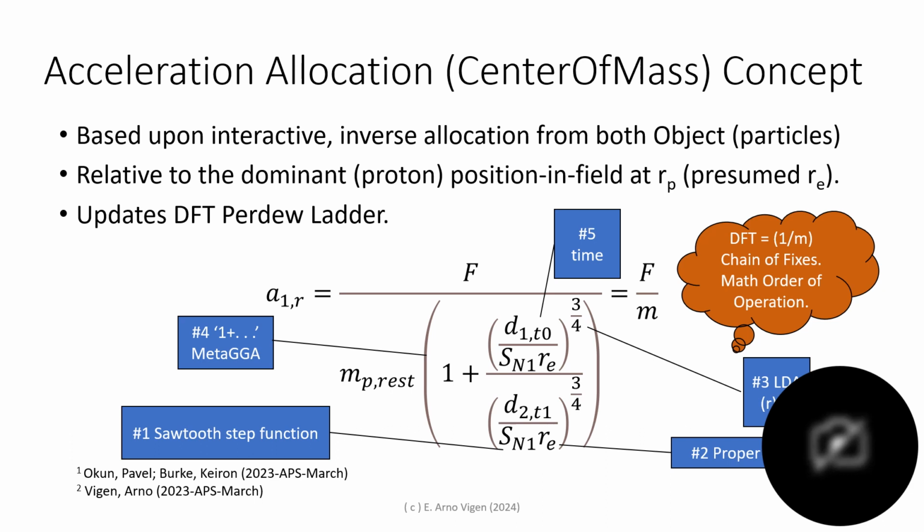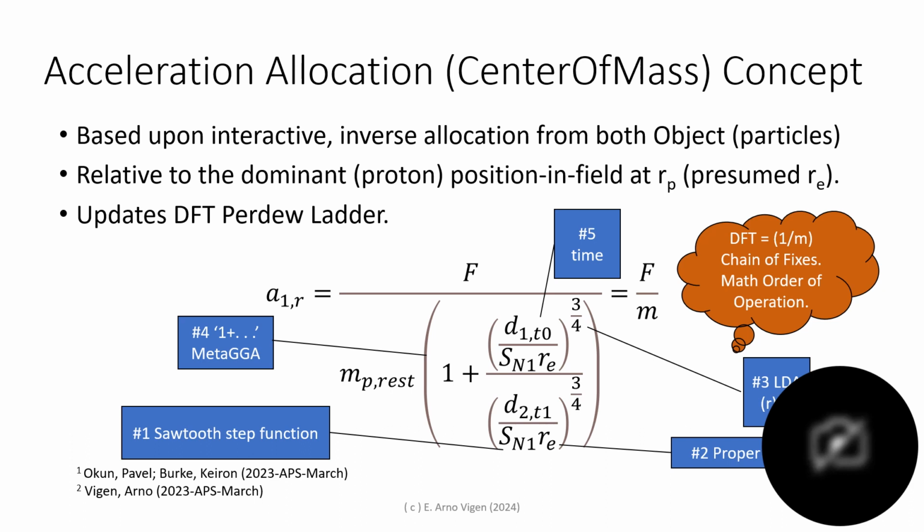So DFT is really this process of fixing the equations based upon this equation instead of your typical acceleration equals force over mass. That Newton's second law needs this adjustment, and we've been doing that in DFT naturally.